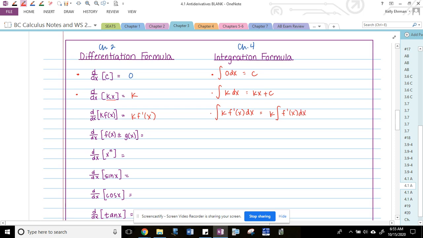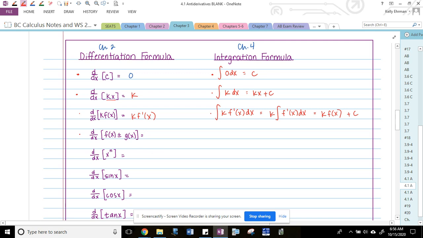Sometimes that makes things easier to look at, so I can pull the 2 or whatever it is out in front, take the integral, and then multiply it back into my answer. So my answer would be k times whatever f of x was, the original f of x, plus that constant of integration.